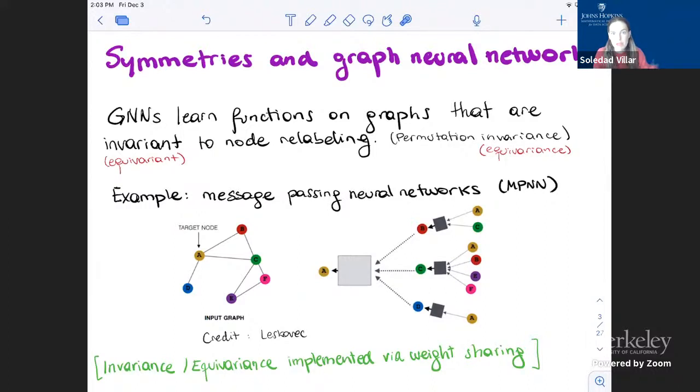And then every node has an aggregation function that is also invariant with respect to relabeling, which aggregates the information from the neighbors, and that's implemented as a neural network. That's the most basic graph neural network architecture. This is called weight sharing, the idea of using the same function for every node. And that was discussed in the previous talk.